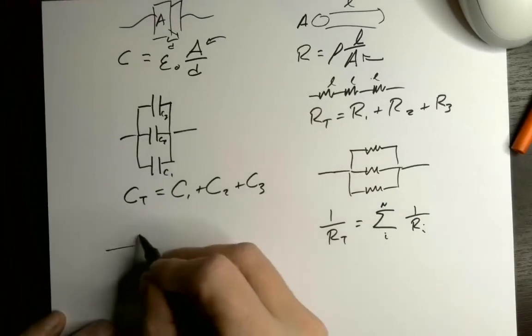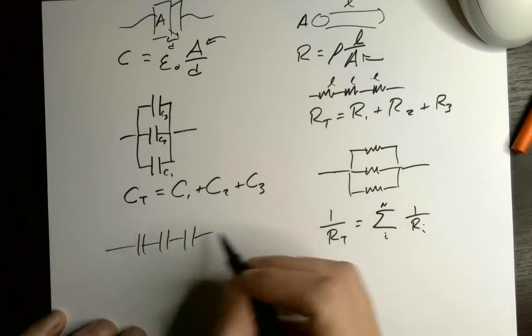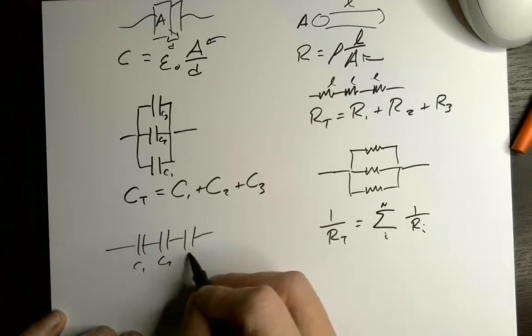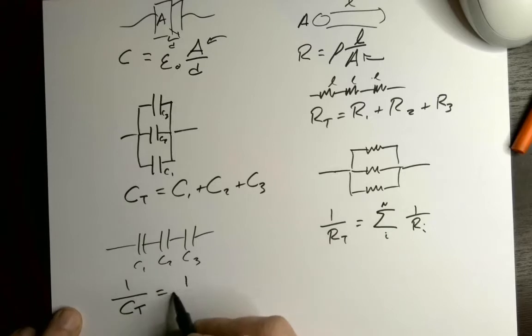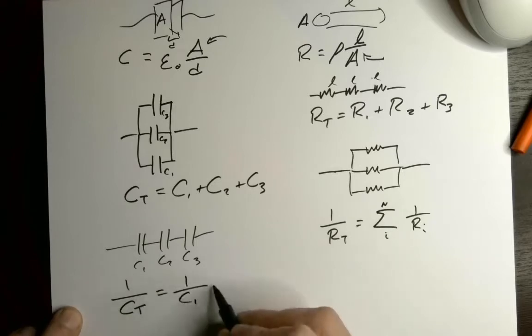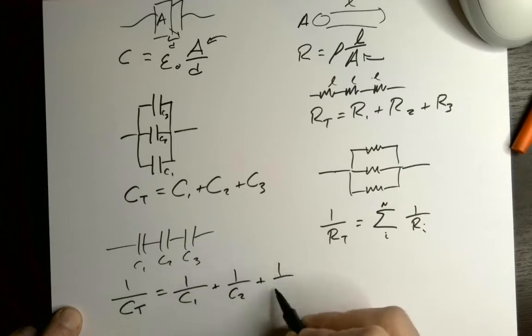That for capacitors in series, we use that same rule. So if you've got capacitors C1, C2, and C3 in series with one another, the total capacitance is equal to 1 over the sum of the inverses of the capacitances C1, C2, C3, and so on.